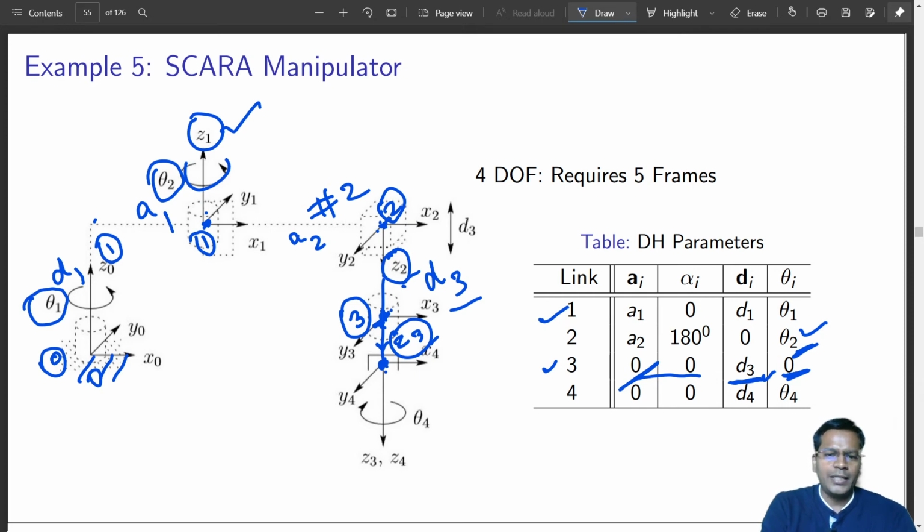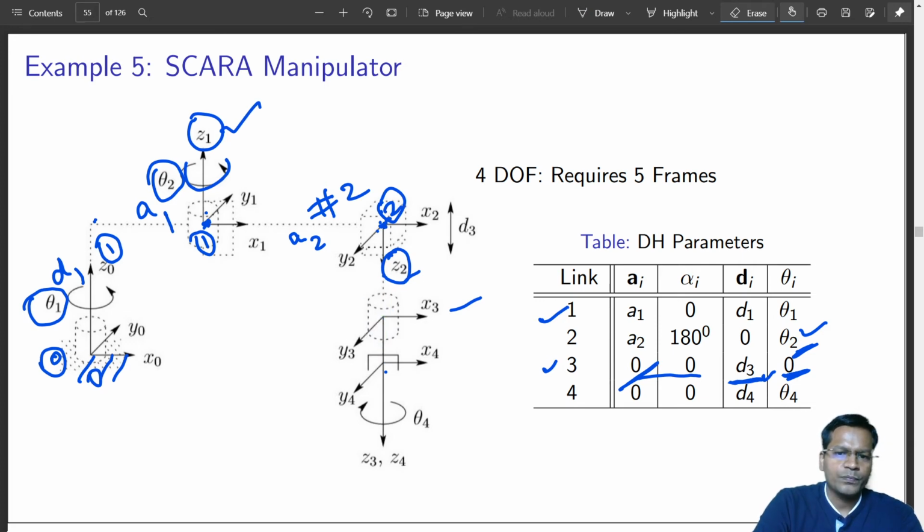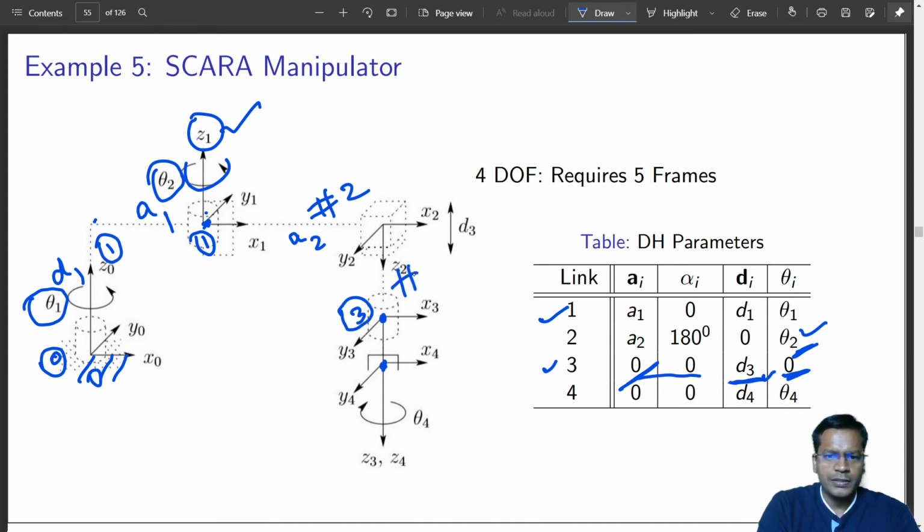And the last one is placed exactly below point 3. This is point 3, and this is link 3.